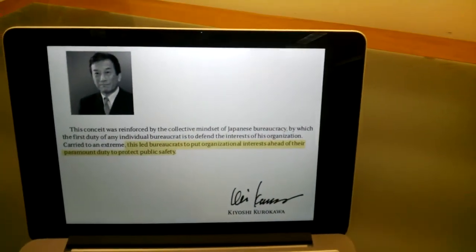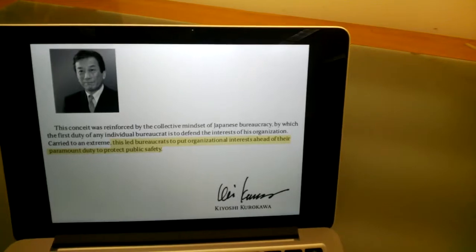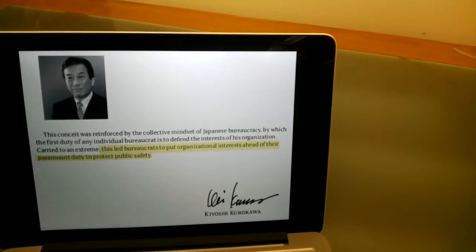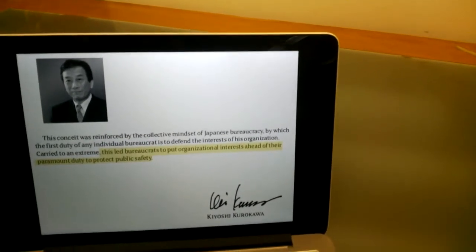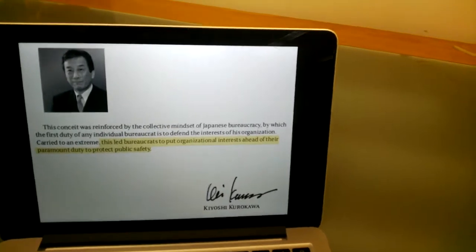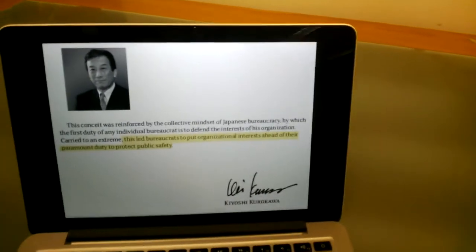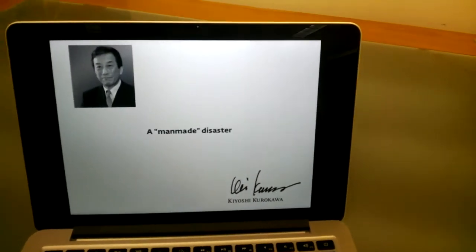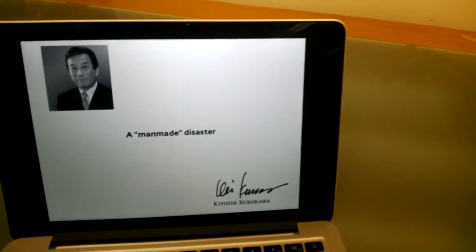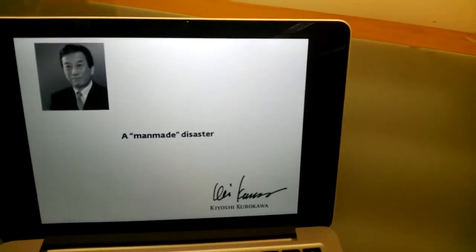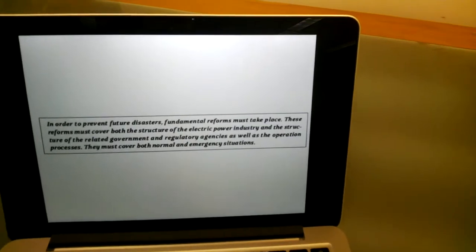Moreover, he identified that bureaucrats in organizations worked for their organizations' interests more than the prominent duty of protecting public safety. It is very important that they attributed the problem to a man-made disaster.